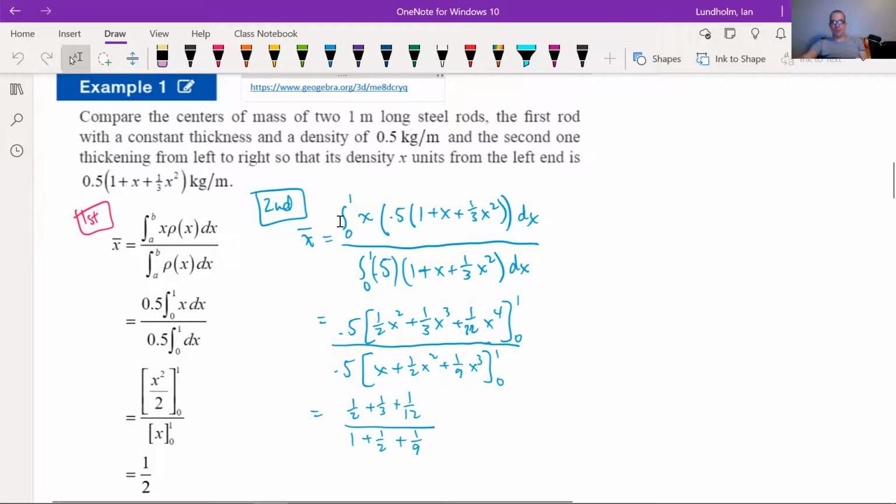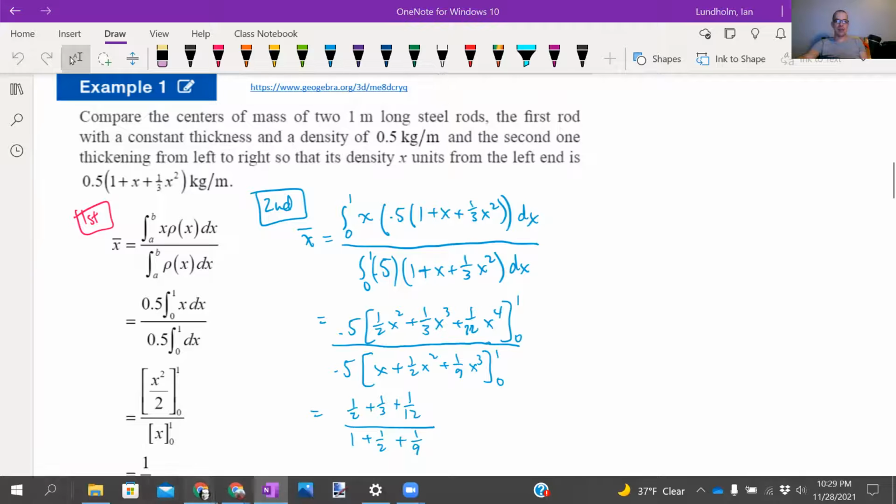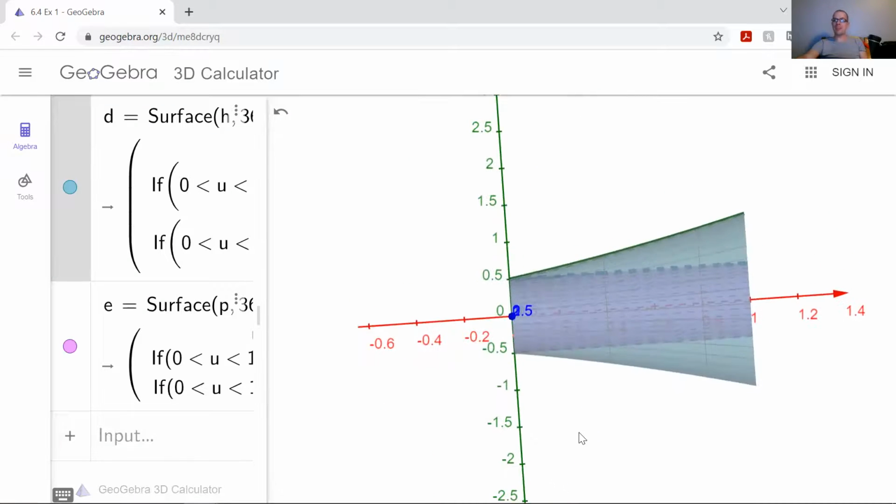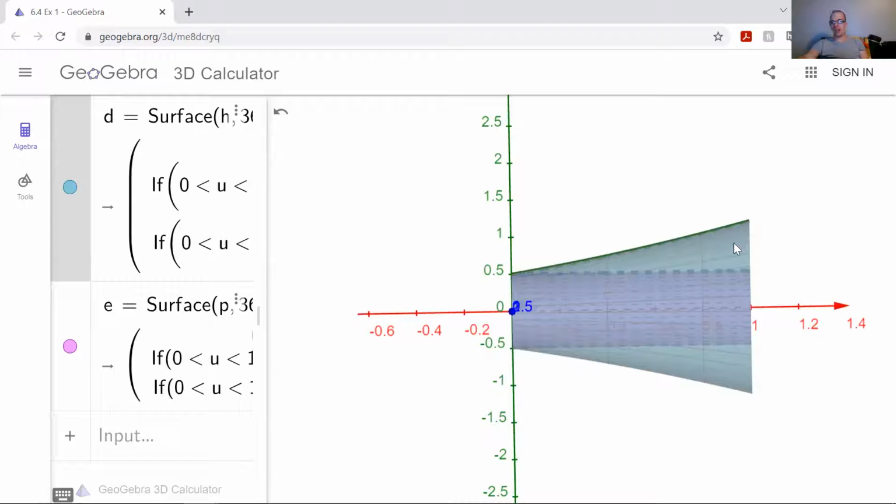I mean, if we're looking at that picture that I had on GeoGebra, we are possibly expecting that since we get wider over on the right-hand side, then it looks like significantly wider, that maybe our center of mass has shifted.